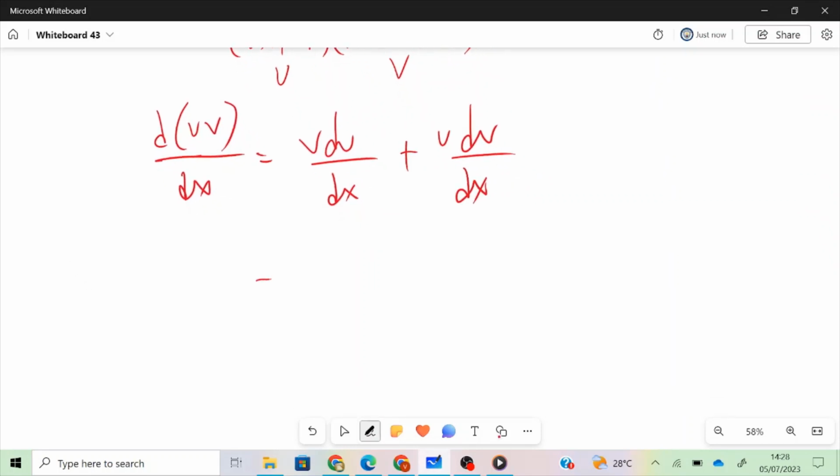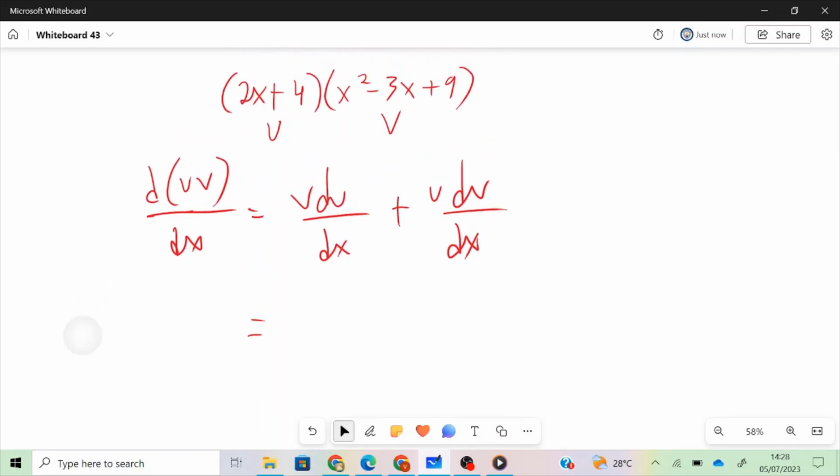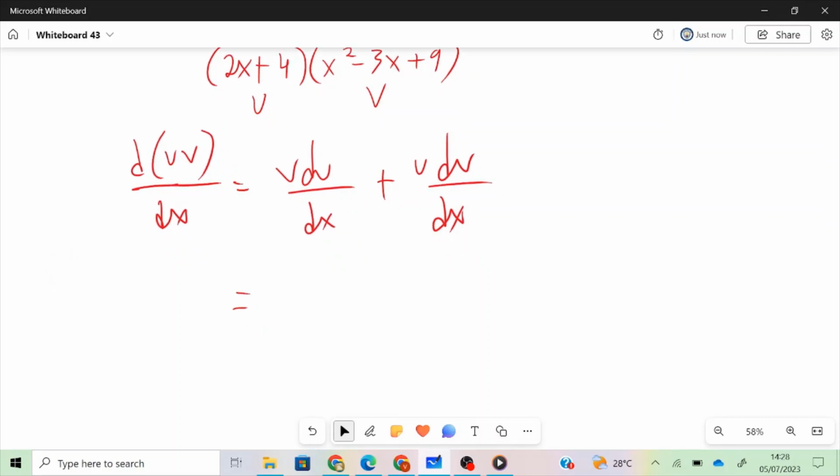So our v, that is our quadratic, x squared minus 3x plus 9, into the derivative of 2x plus 4, which is 2, plus u dv/dx.